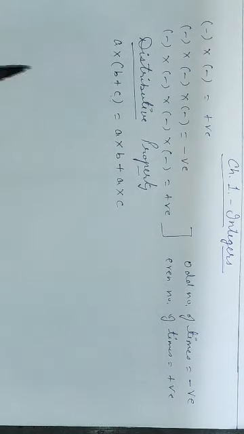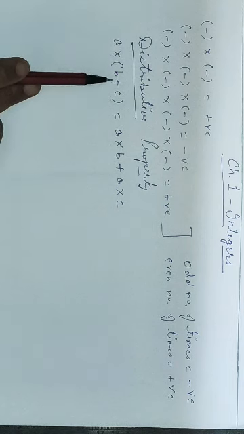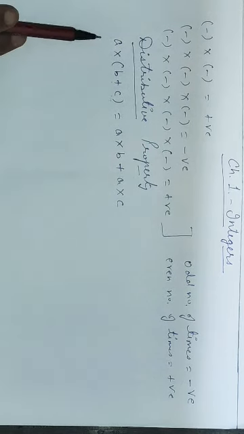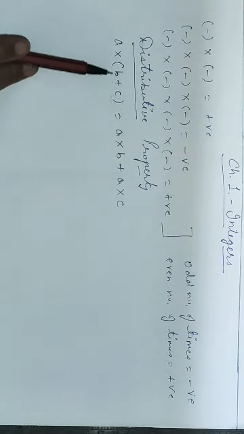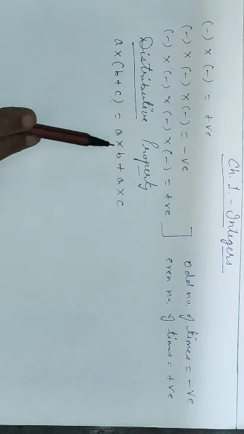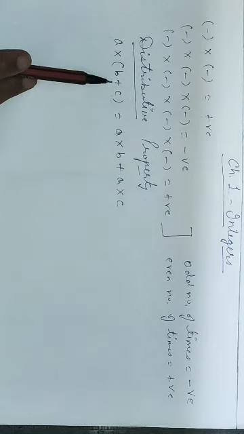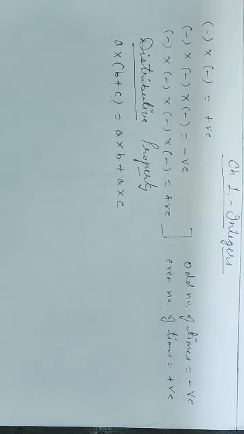What we are doing here is, we have B plus C inside the bracket, and outside the bracket we have A. So we are multiplying both the numbers separately with A, A into B, A into C. Then whatever is the sign inside the bracket, that we are putting here.